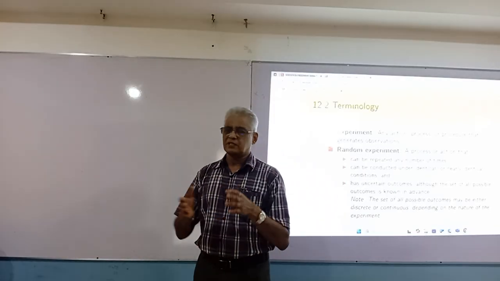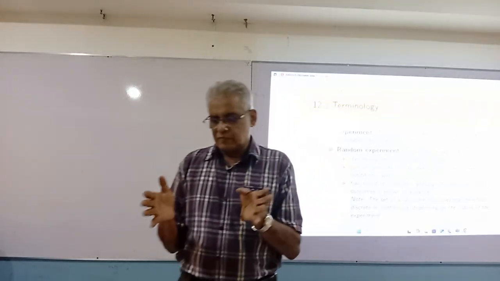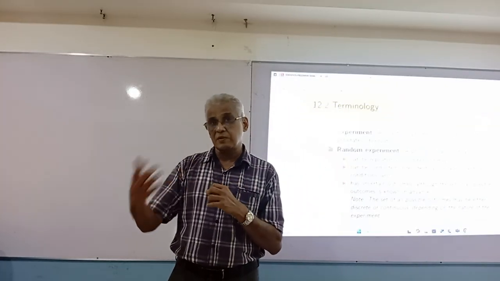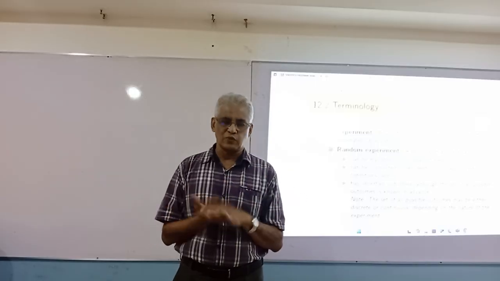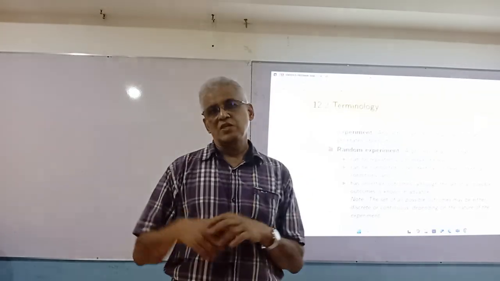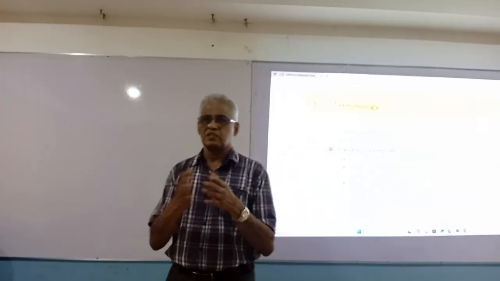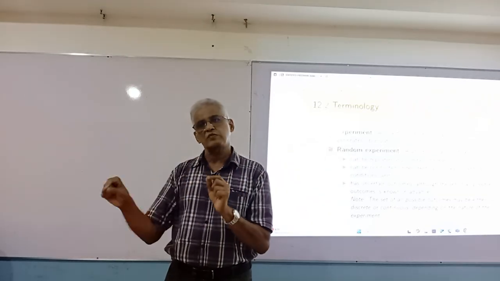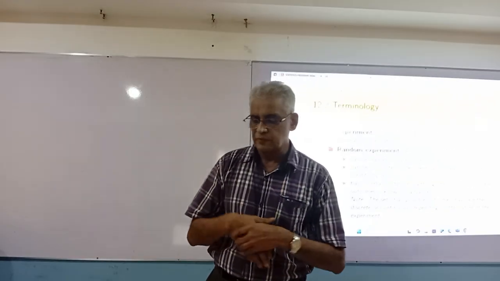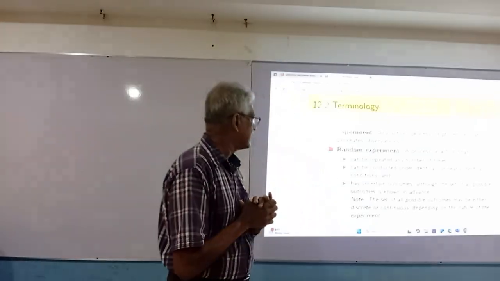Theoretically, we say a random experiment is an experiment which can be repeated under the same conditions. But practically, of course, it's not like that. We cannot have exactly the same conditions. So roughly, in practical situations, even if the conditions under which we repeat this experiment are roughly the same, we consider them to be a random experiment.